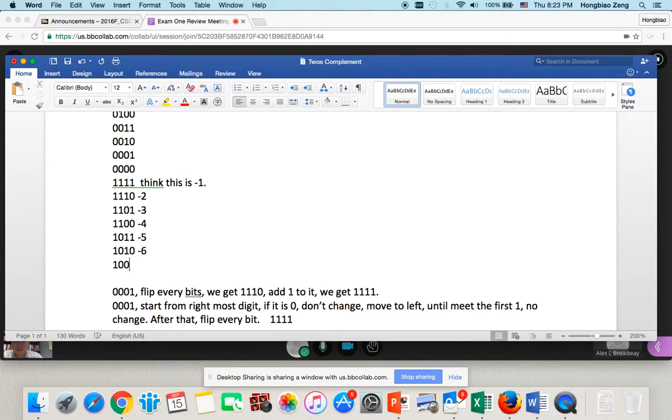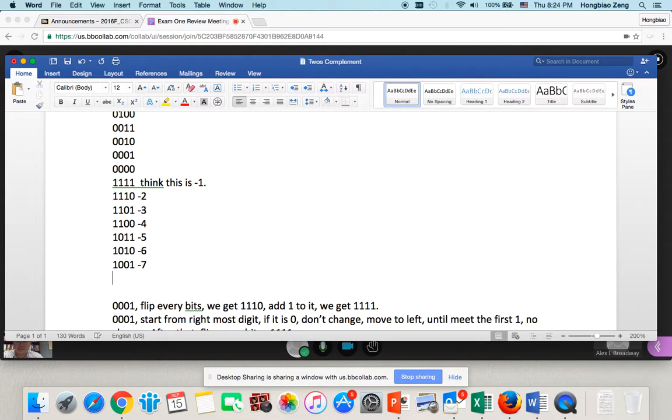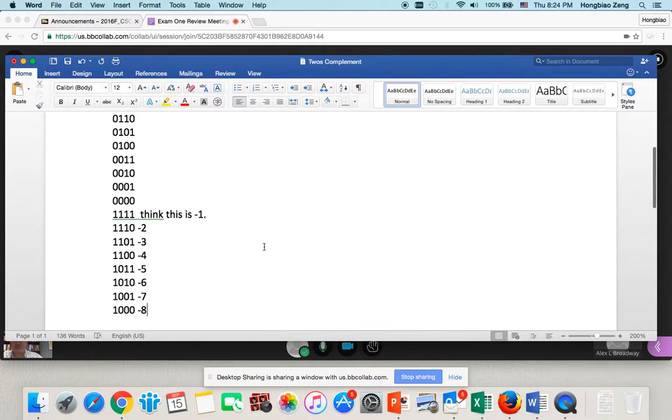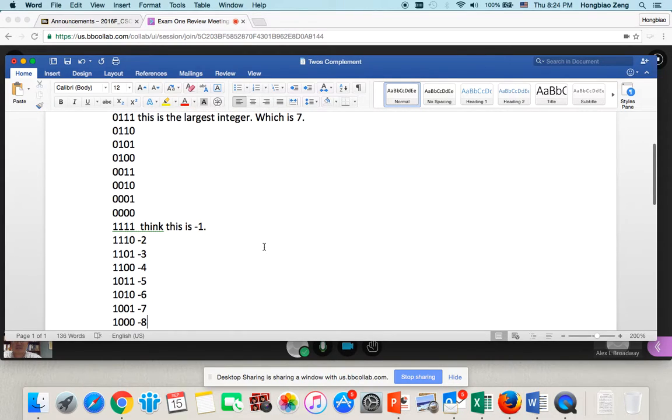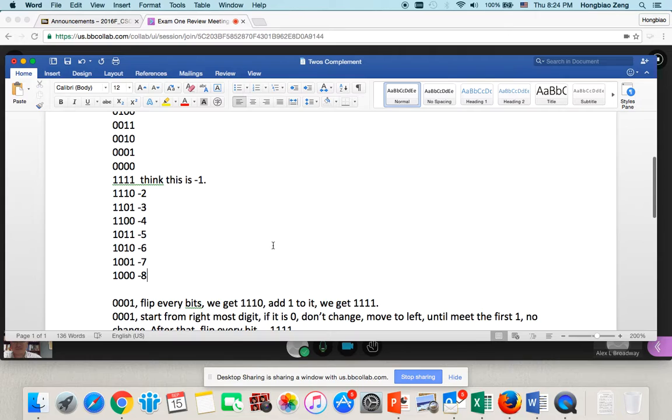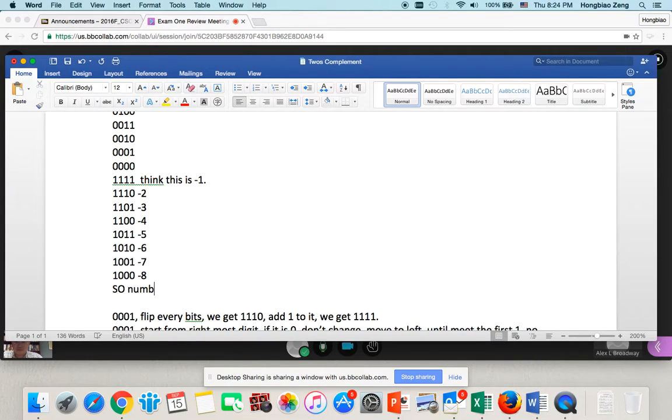Negative 6 minus 1 is negative 7, and negative 7 minus 1 is negative 8. So if you use a 4-bit number system in two's complement format, where the first bit is the sign bit, the numbers range from negative 8 to positive 7.